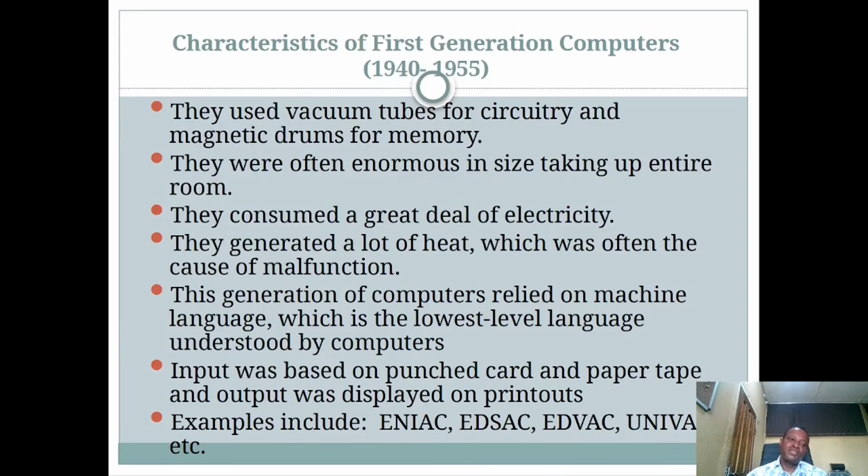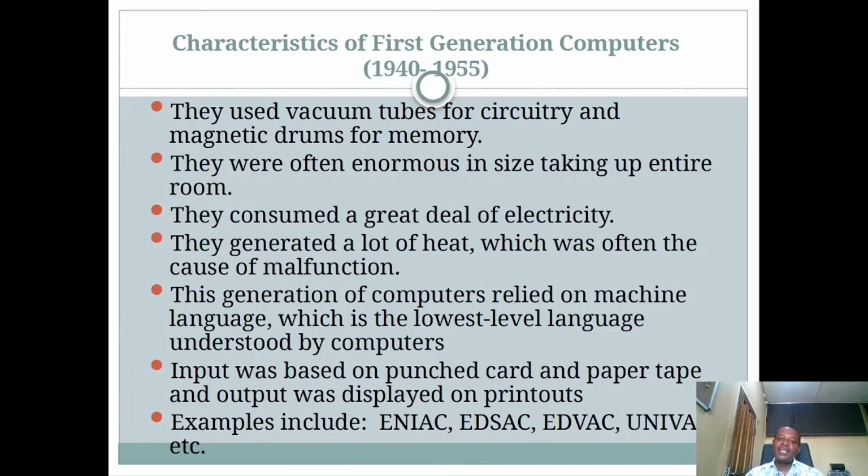Number 6 point you need to understand about first generation computers is that input was based on punch cards and paper tape, and output was displayed on printout. That means that when you want to feed input data into a first generation computer, you need to punch those inputs on a card.